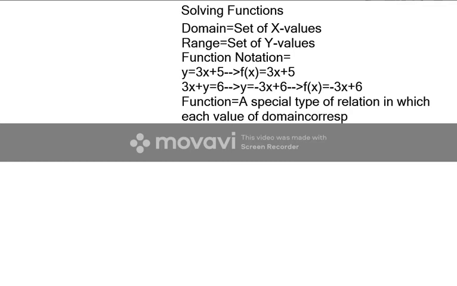I think I might have said that for every y value there should be 2 x values. It's actually for every x value there should only be 1 y value, right? For every corresponding x there can only be 1 corresponding y, but for every corresponding y you can have several x's.